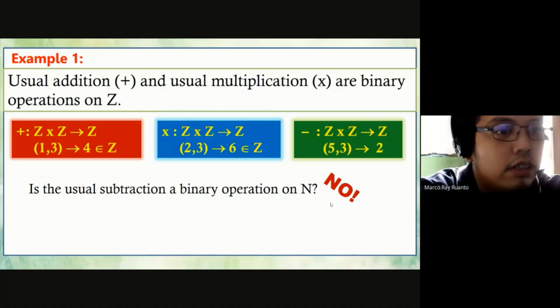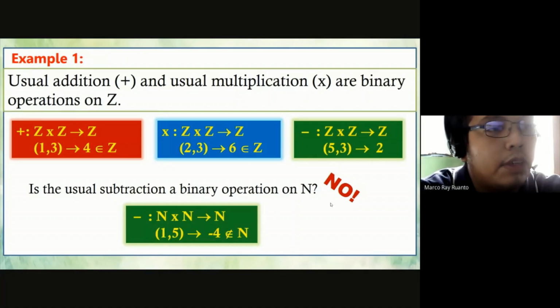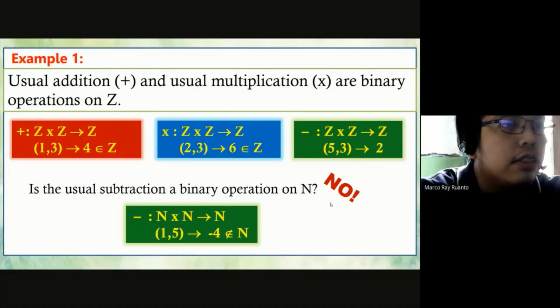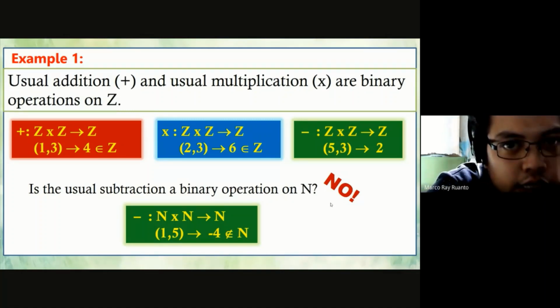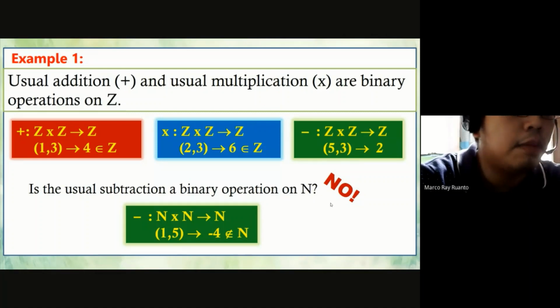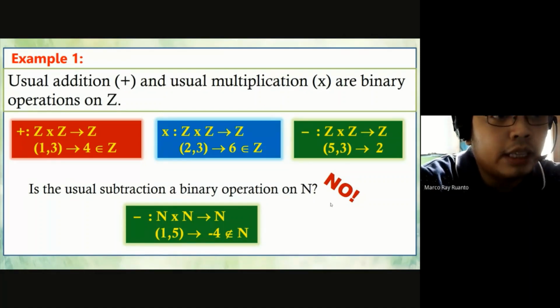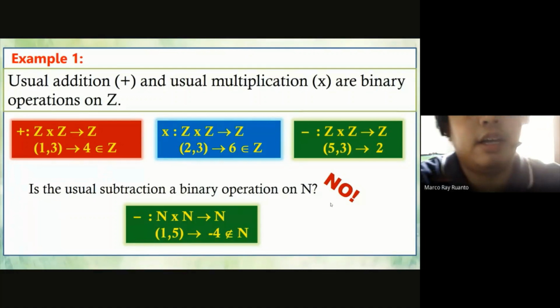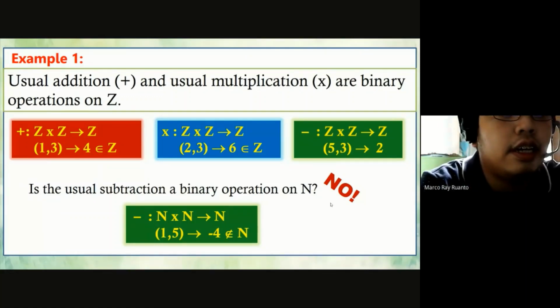For example, 1 minus 5 gives negative 4, and negative 4 is not a natural number. So that is the reason. If at least one pair of elements violates the rule, it is automatically not a binary operation.